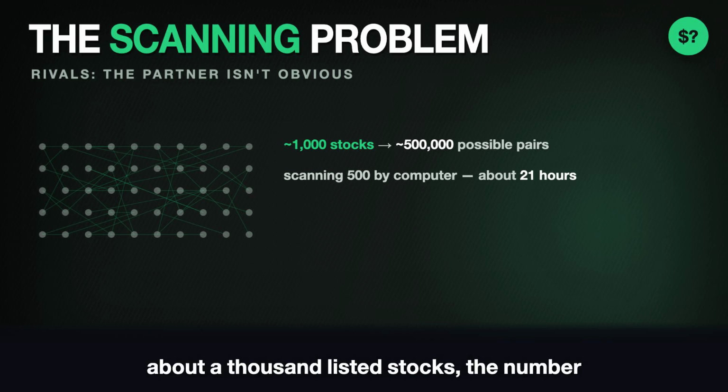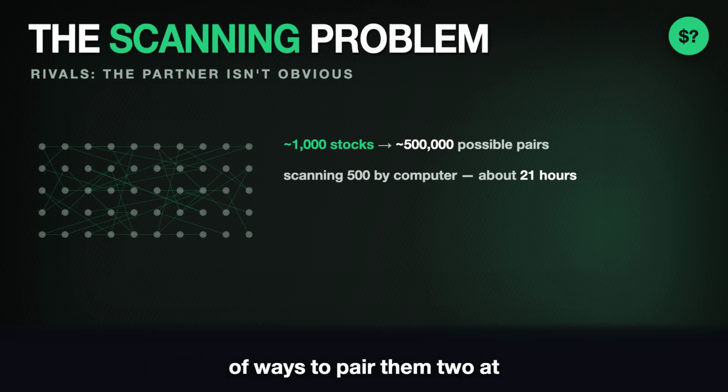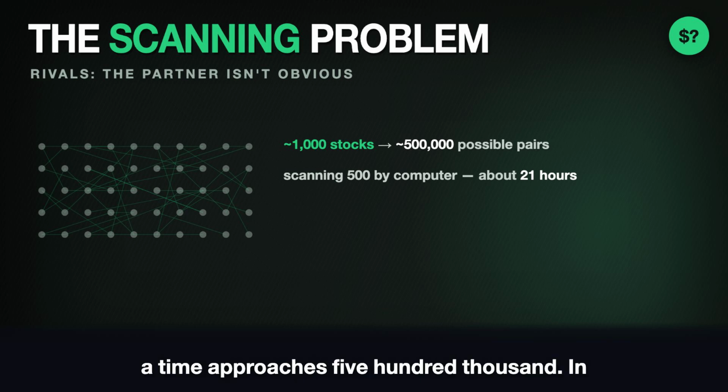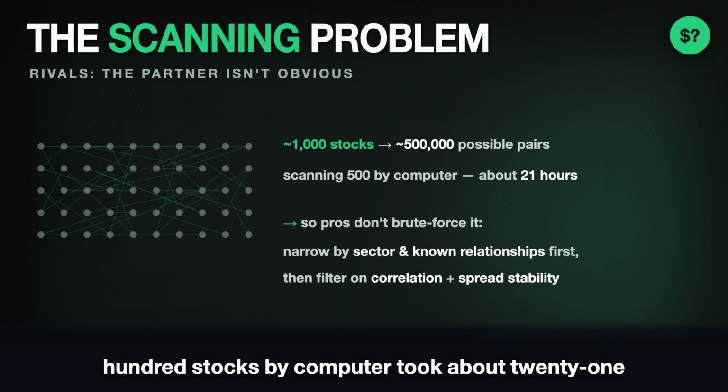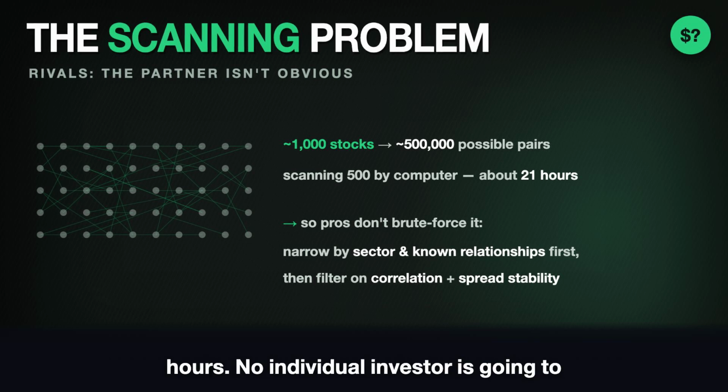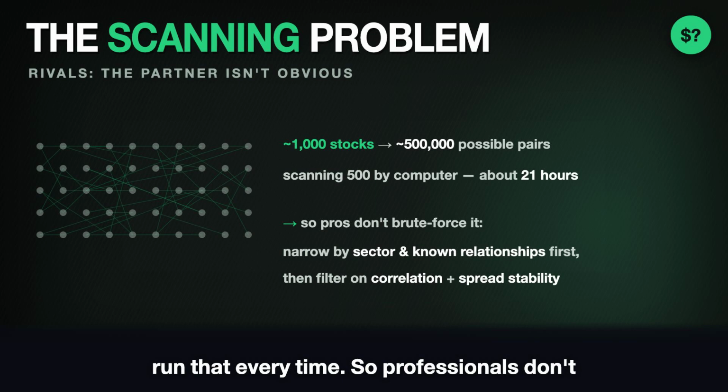With only about 1,000 listed stocks, the number of ways to pair them two at a time approaches 500,000. In the original author's experience, just scanning 500 stocks by computer took about 21 hours. No individual investor is going to run that every time, so professionals don't brute force it.